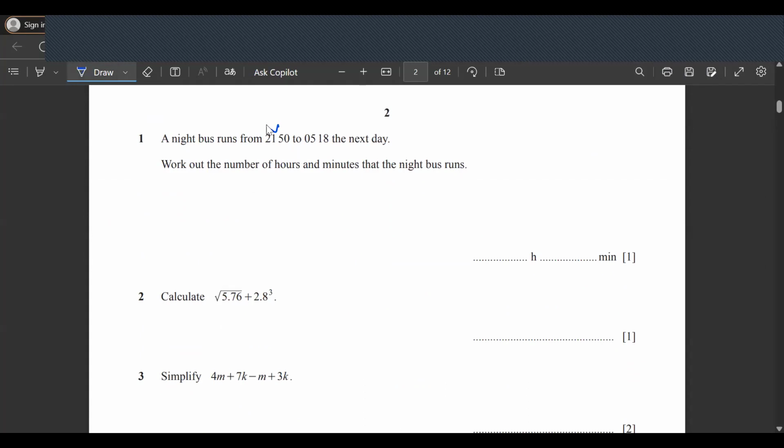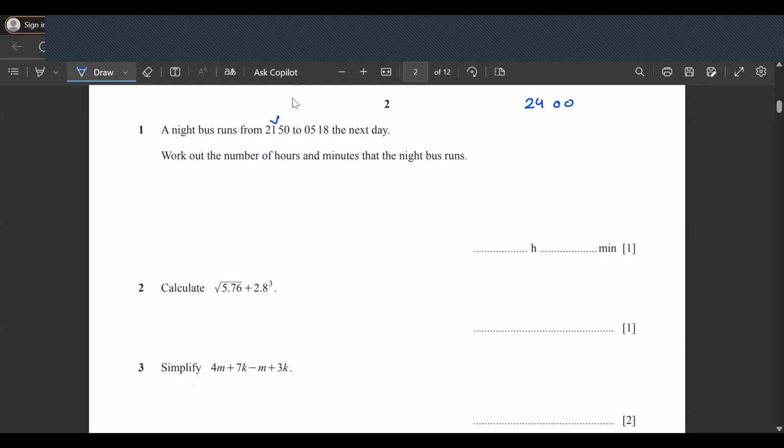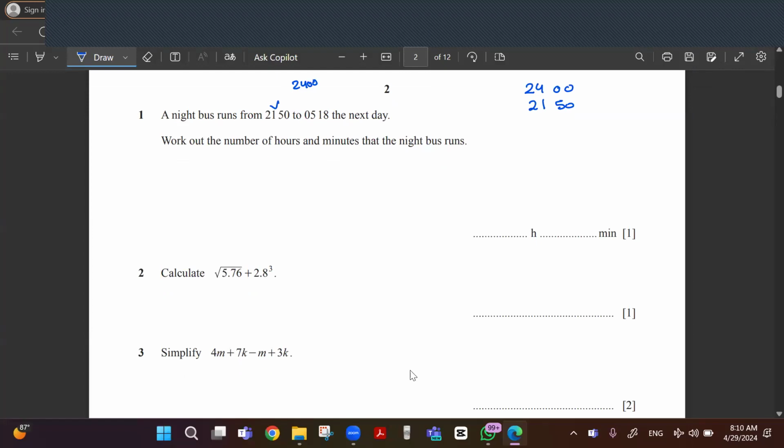So from 21:50 till midnight, how can I do it? I can do it by the calculator, and I can do it by subtraction. So here, I have a checkpoint in the middle, which is 24:00. So 24:00 minus 21:50. How can I subtract this? Look here, I am going to use the calculator.